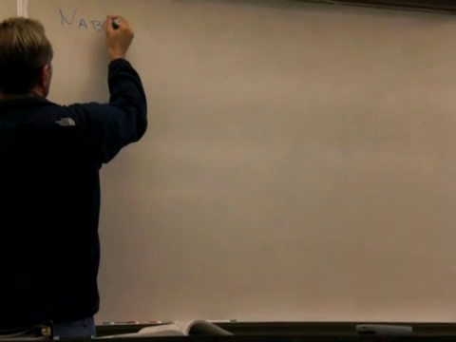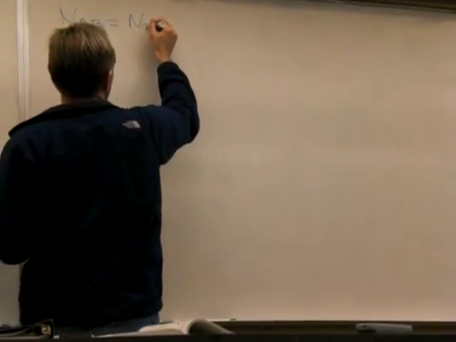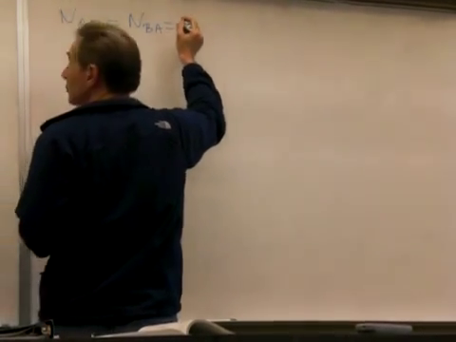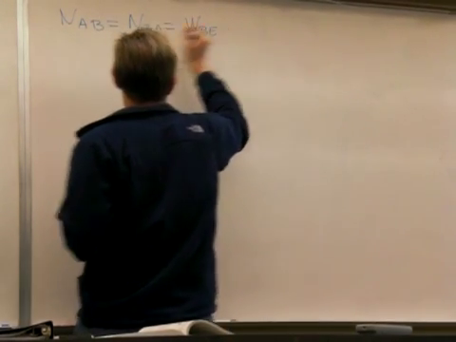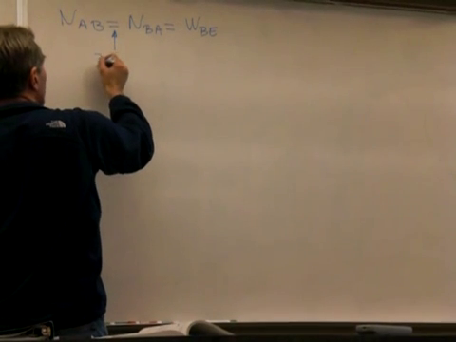Let's do A. So what can we do for A? We can substitute this second normal force N AB for the weight of block B. Exactly. So we know that we have N AB is equal to N BA, and N BA is equal to W B. So this is because of the third law.